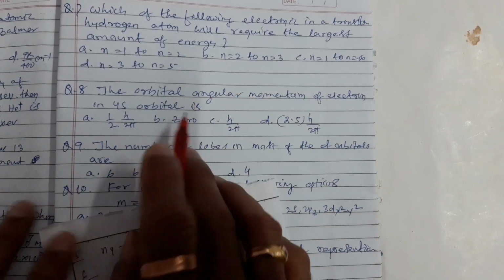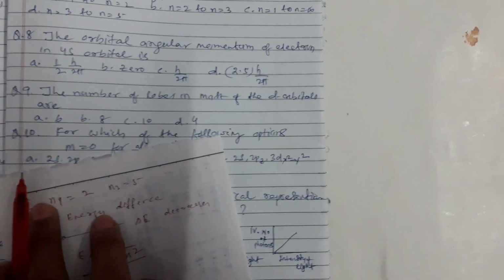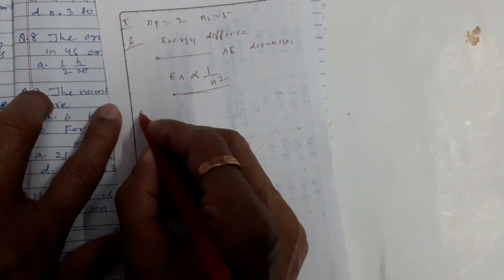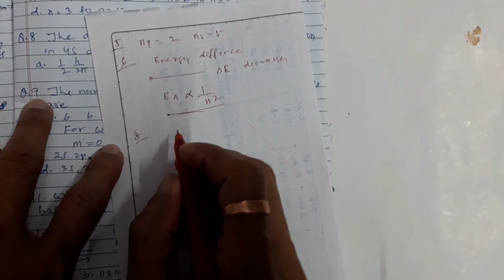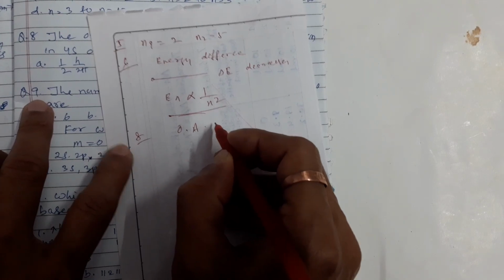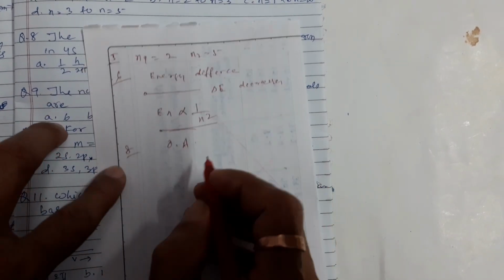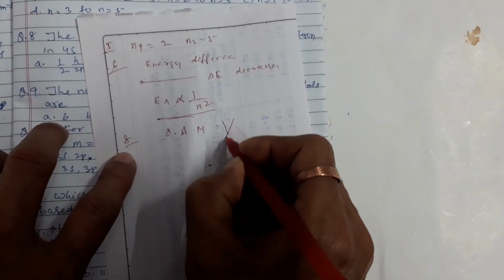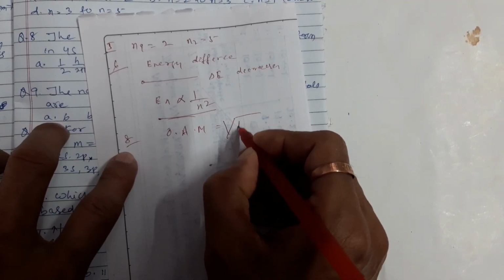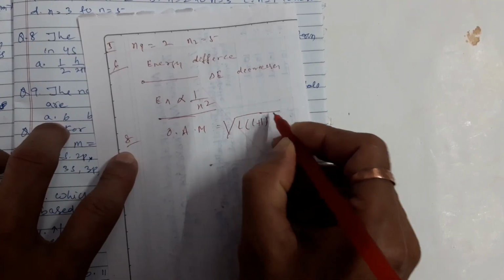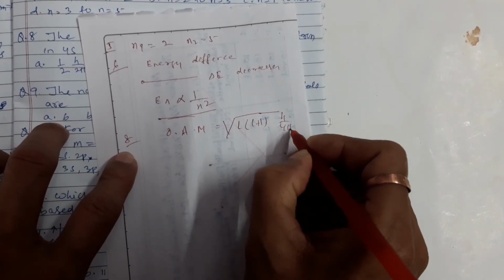Next, question number 8: the orbital angular momentum of an electron in a 4s orbital is what? The orbital angular momentum formula is root over l into l plus 1, times h by 4 pi.